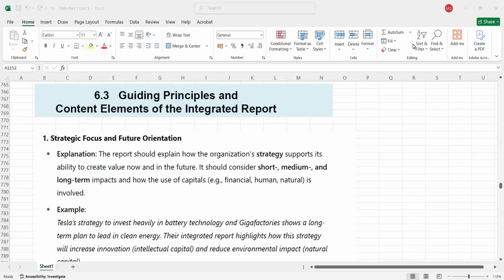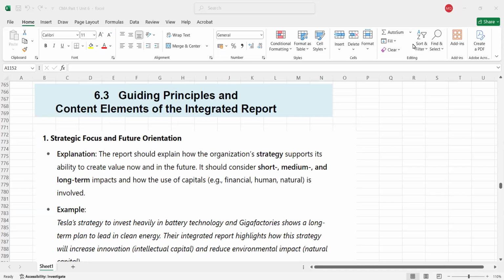In the last class, we started by understanding what integrated reporting is. We discussed that integrated reporting is a modern approach to corporate reporting. In this integrated report, we combine financial and non-financial information to give a comprehensive picture of how an organization creates value over time.